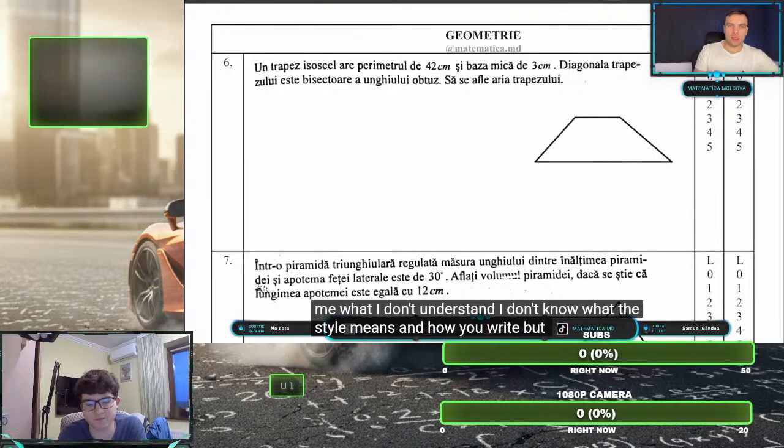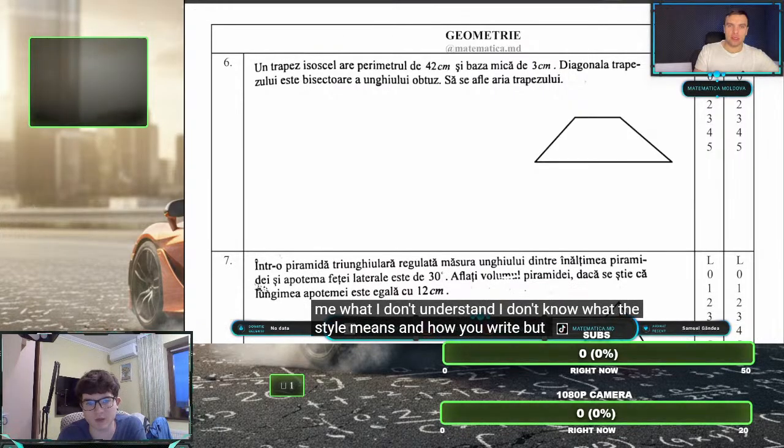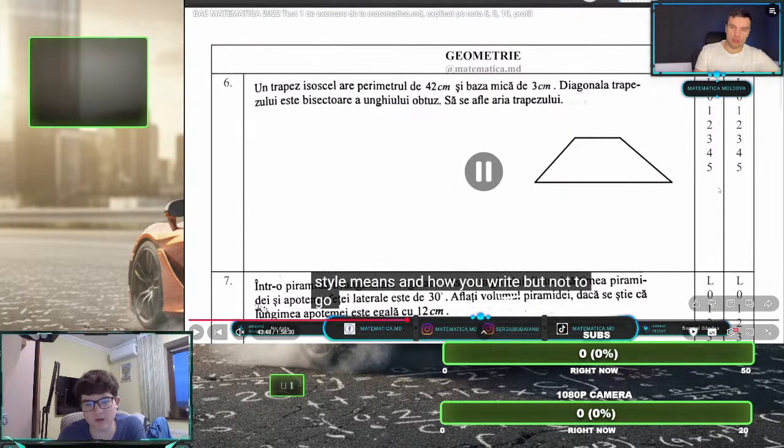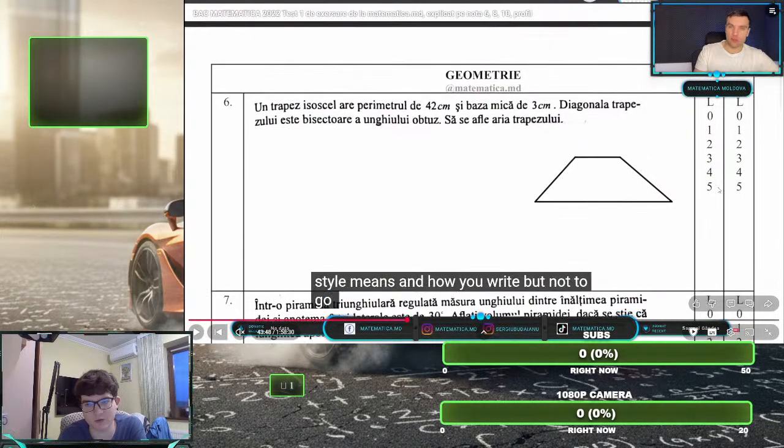Anyway, basically, what are you going to do first? I don't know the formula of perimeter and stuff like that. I can look it up, but I have to understand what's on my formula sheet.